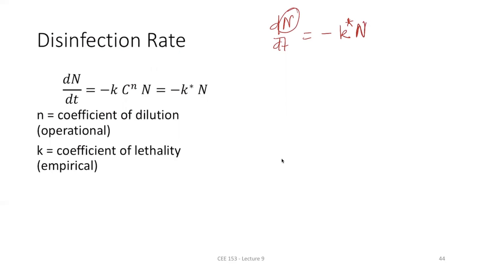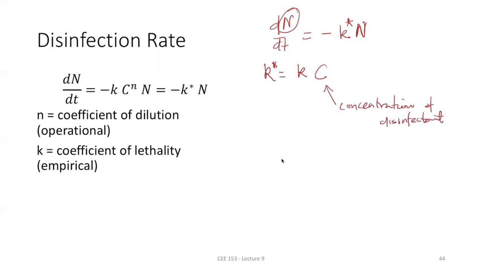What I didn't write before is that this disinfection rate depends on the amount of disinfectant you add. So that's why k star is actually a killing rate, or coefficient of lethality, times the amount of disinfectant. C is the concentration of disinfectant.